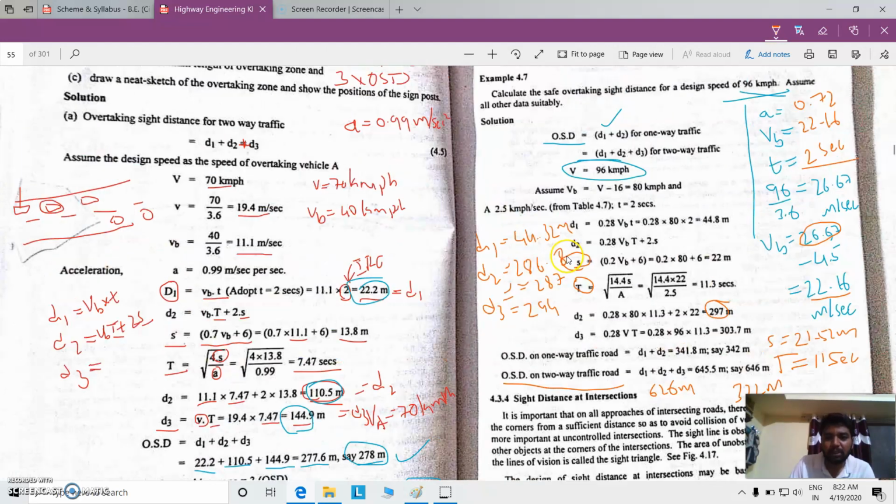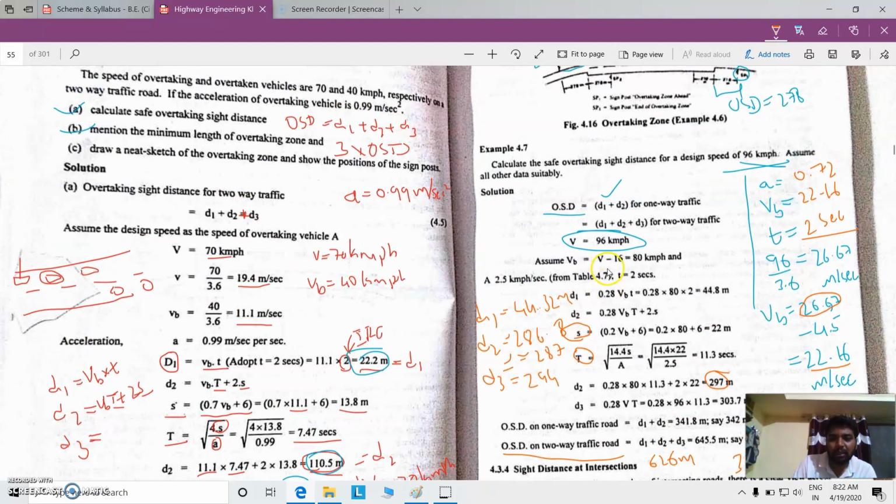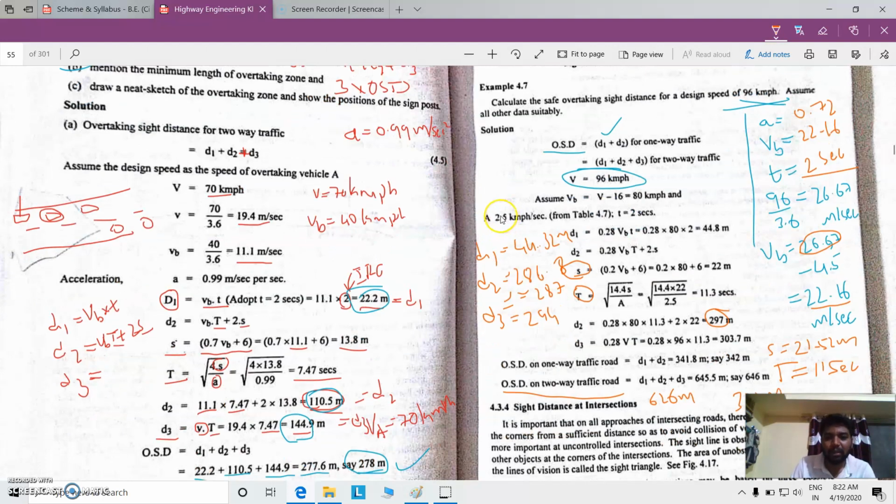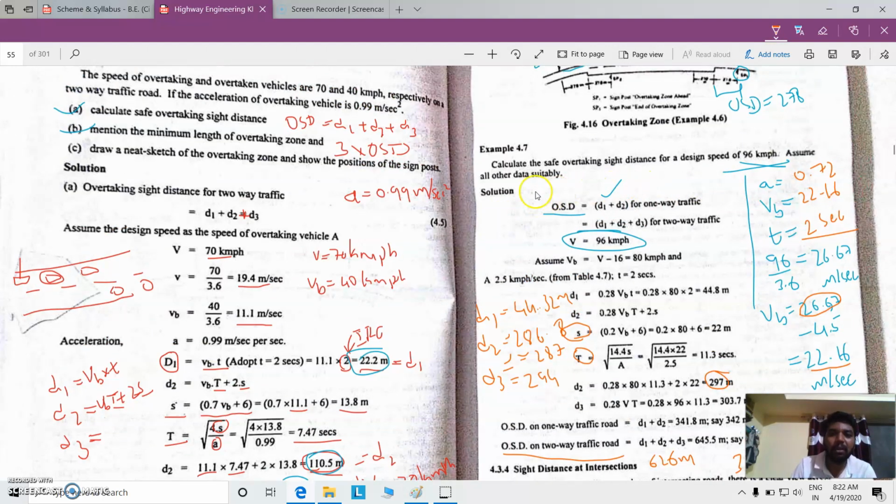This problem is different from the previous problem because here they have not given the overtaken vehicle speed, the reaction time of the driver, the acceleration value of the overtaking vehicle, or the traffic condition.